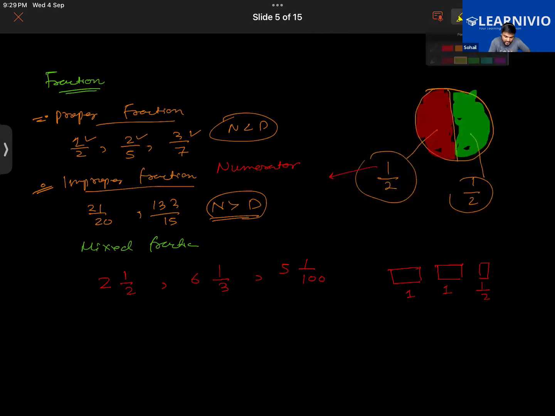So I can count these together: 1 plus 1 is 2, so I have 2.5 sheets. 2 are full in size, another one is half. We can relate it to real life: you have 2 full sheets of paper but one of them is half, so it is read as 2.5.